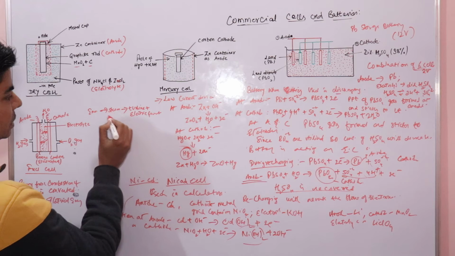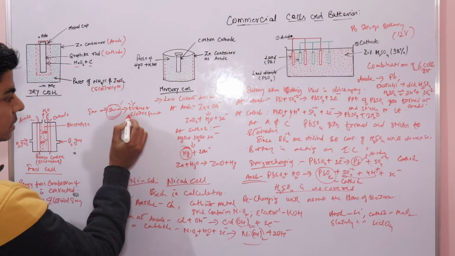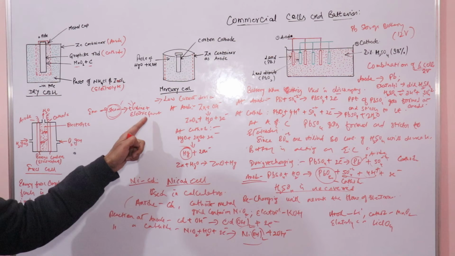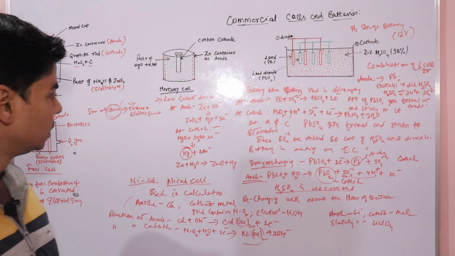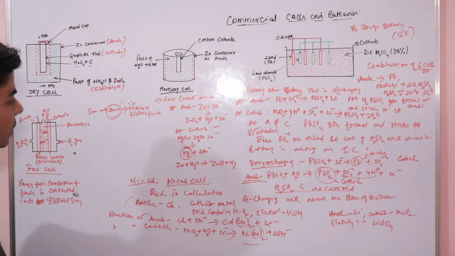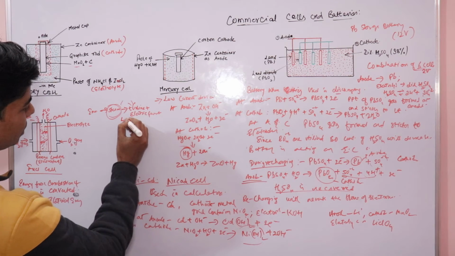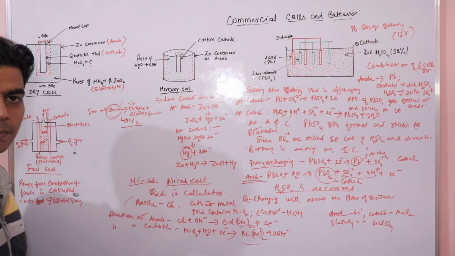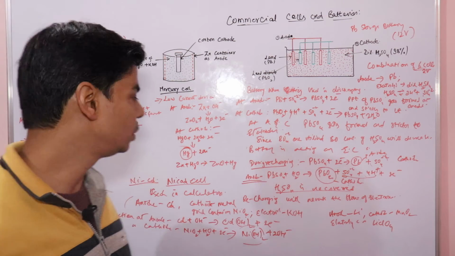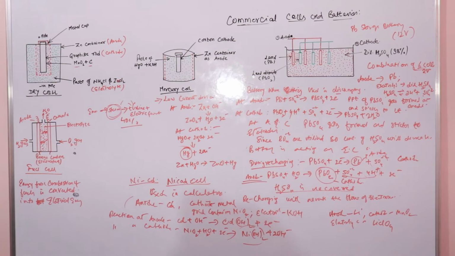So this steam is used to move turbines, and when turbines move, since they are connected to electrical generators, they produce electric power. The efficiency of this process is 40%. So a lot of energy is wasted in the old way of producing electrical energy from steam.